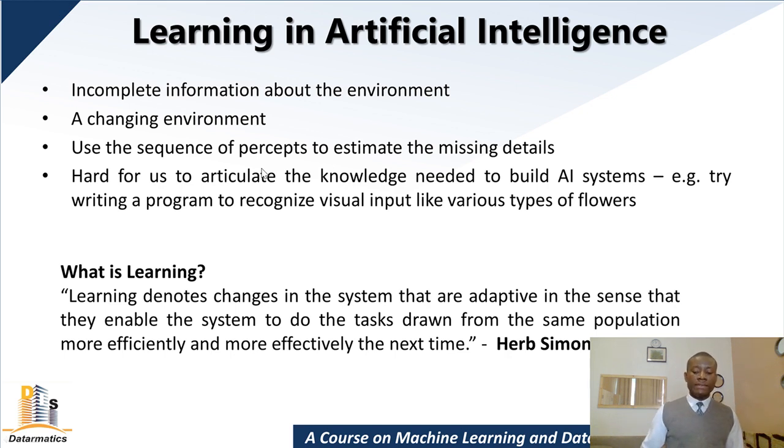So if you build a system that tries to understand the population of people in Africa in 2019, if that is a machine learning system, then 50 years to come, that machine should be able to understand the new population existing then, because it has to keep learning as time goes.